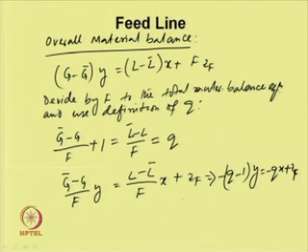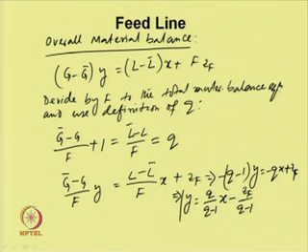So, from this we can write y is equal to Q by (Q minus 1) times x minus z f divided by (Q minus 1). So, this is the operating line equation for the feed line, or it is known as the feed line equation.